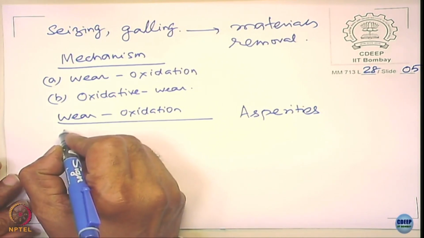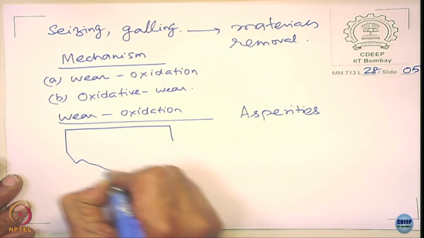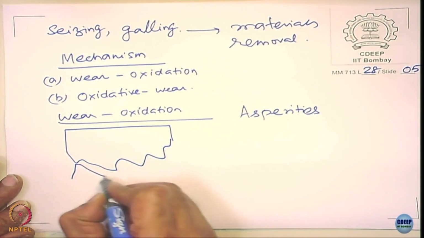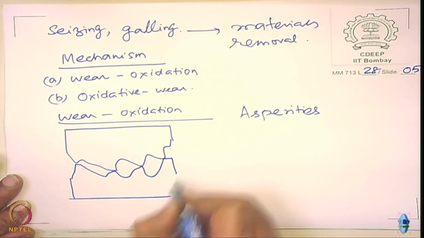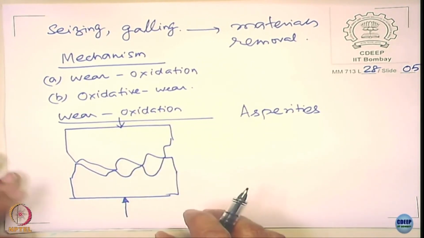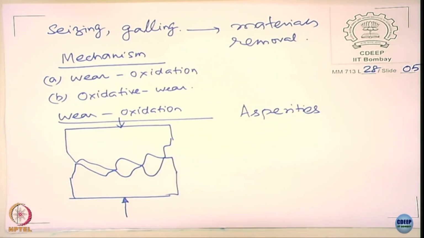I can discuss this and draw it schematically something like this. They are under load, am I right? These are under load. When they are under load, you have an oxide free metallic surface.